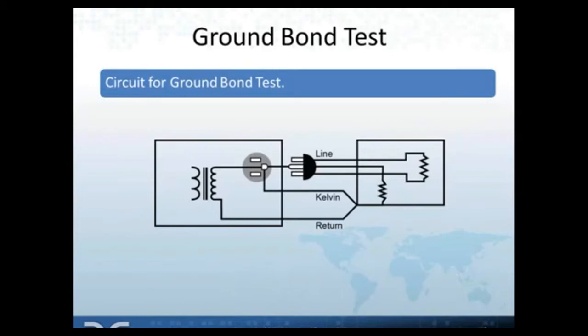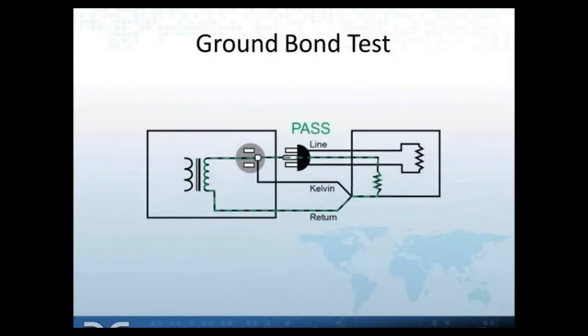Here's a basic circuit for ground bond and also ground continuity test. If you can see here, on the left side we have the ground bond tester, and on the right side is the product with a power cord being plugged in, and high current will be applied to the ground pin, and the measurement is made by a Kelvin method.